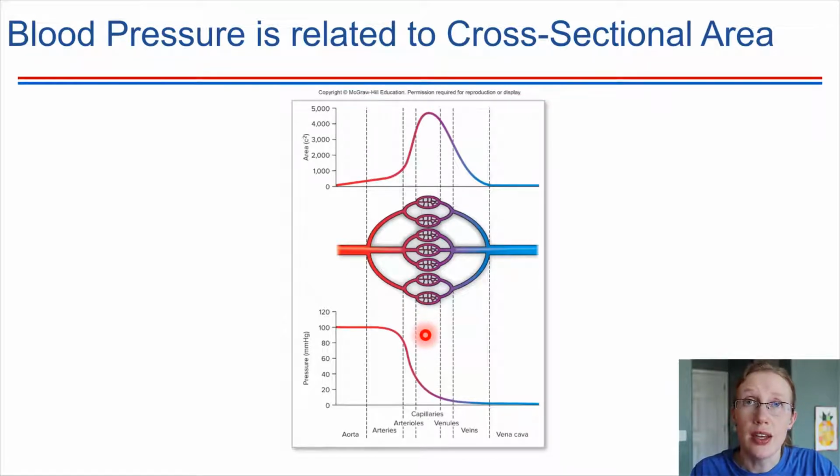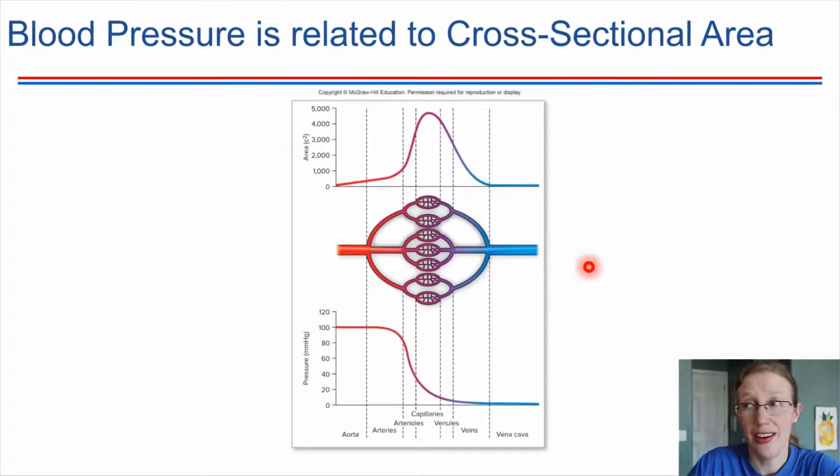So this is a site that, well, we already know that it's extremely important for allowing exchange of substances, but it has another consequence. The fact that capillaries are small and that they are constrictions, this ends up leading to an increase in pressure in the artery side and a decrease in pressure in the vein side.